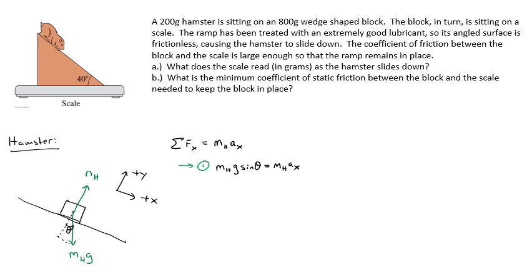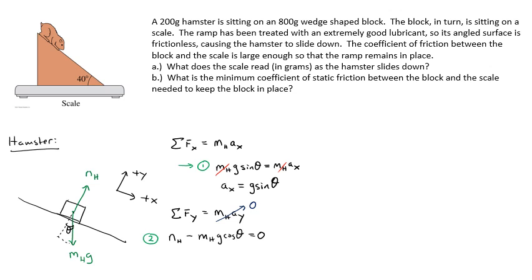So in the x direction, we just have the x component of gravity, set that equal to m a_x. We see the mass cancels out, and we get the usual situation for something traveling down a ramp. a_x is g sine of theta.